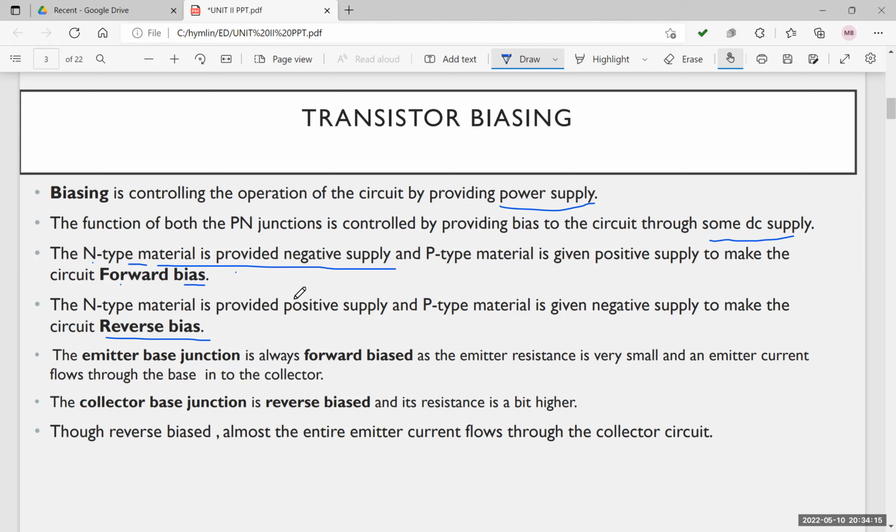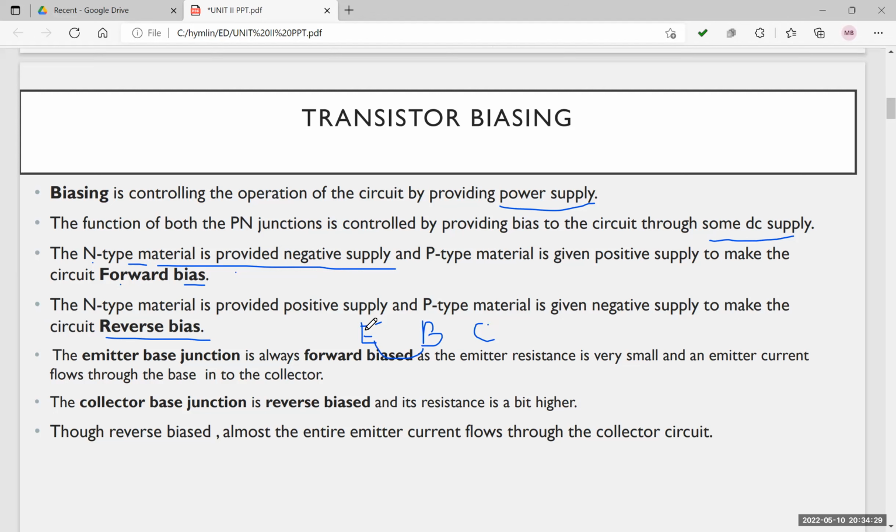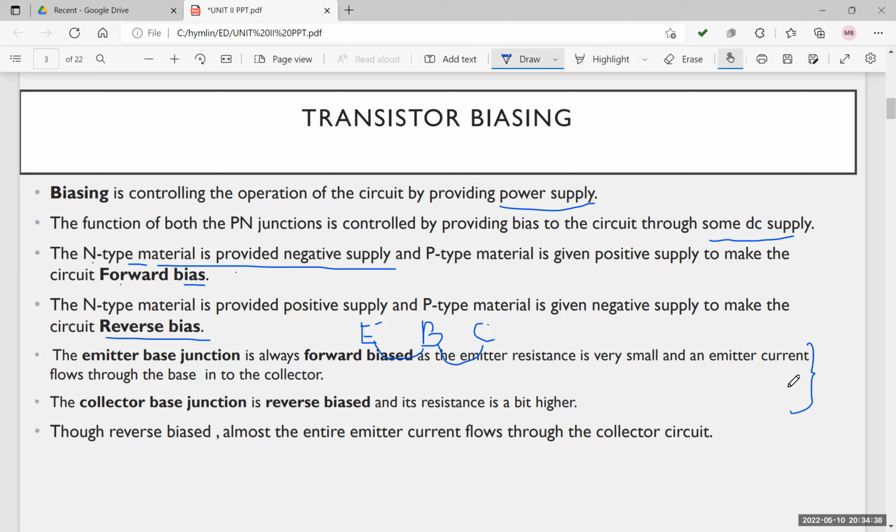Similarly, we discussed that the transistor has three terminals, right? One is the emitter. The first two terminals, emitter and base, will be forward biased, and the second junction, base and collector, should be reverse biased to operate the transistor. The emitter junction is always forward biased to make the emitter current flow through the base and get to the collector.